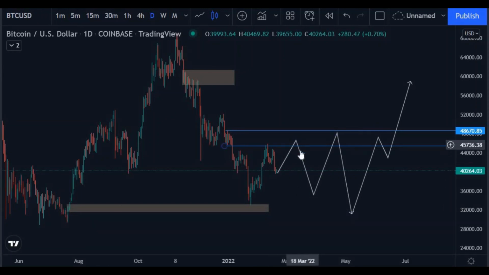If you apply this to trading, say you sell Bitcoin within this range of 45 to $48,000, and then prices rally back up to this range, you sell your next stack of Bitcoin, and then it comes back, you sell once again.